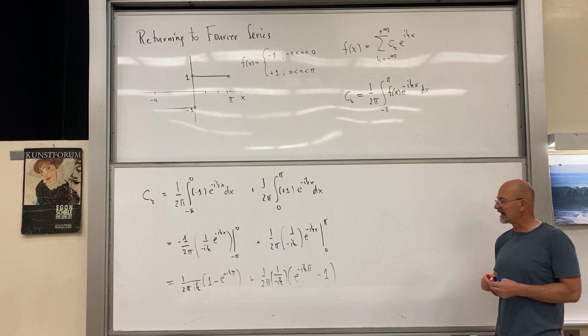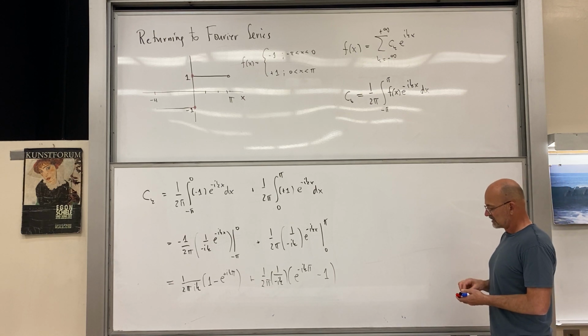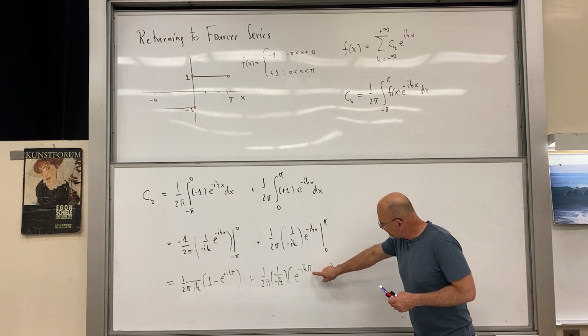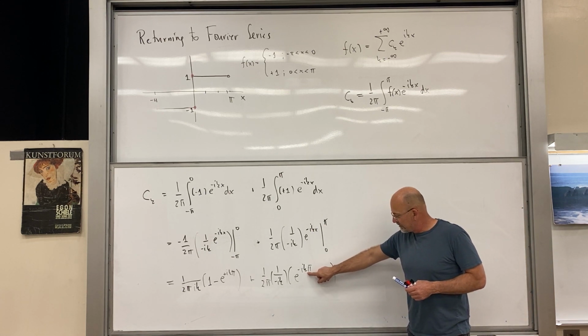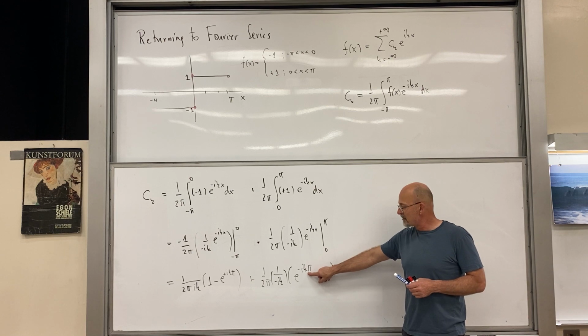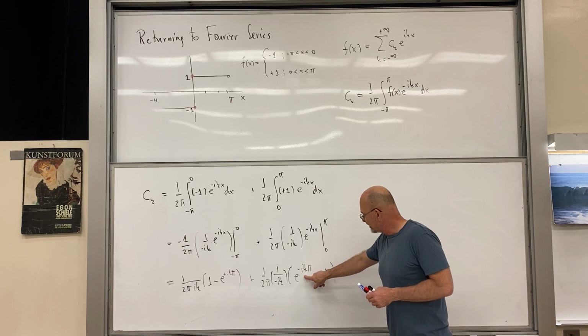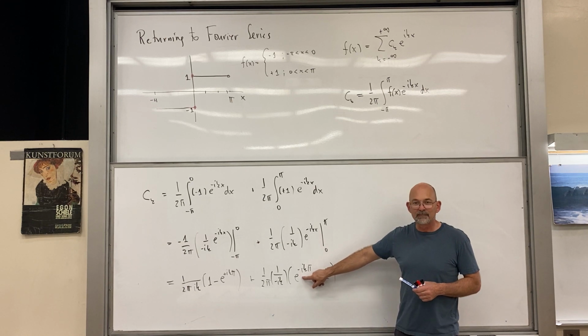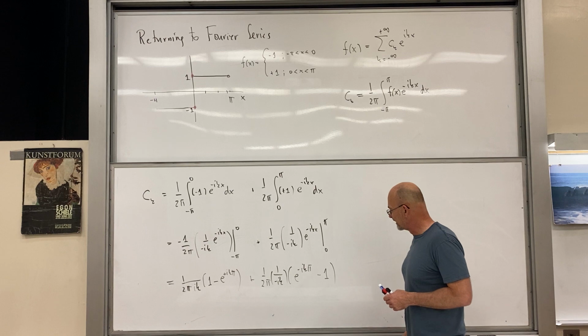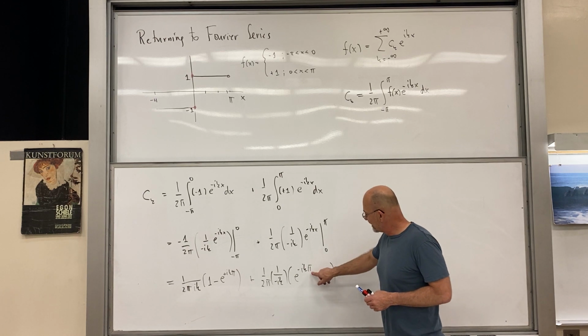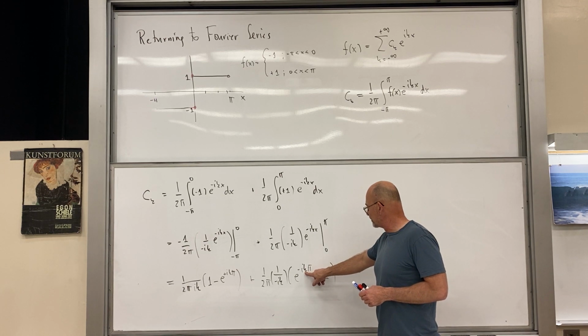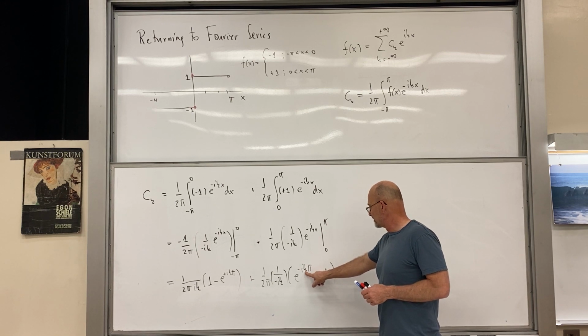Okay, so that looks kind of involved. But remember we were talking about e to the I pi, or e to the minus I pi. So this thing right here is just going to alternate between plus and -1. When k is equal to 0, it's equal to 1.